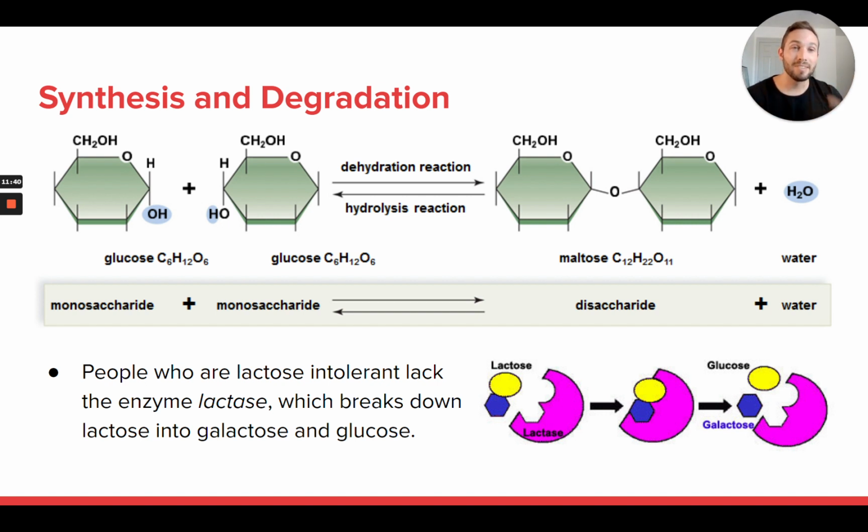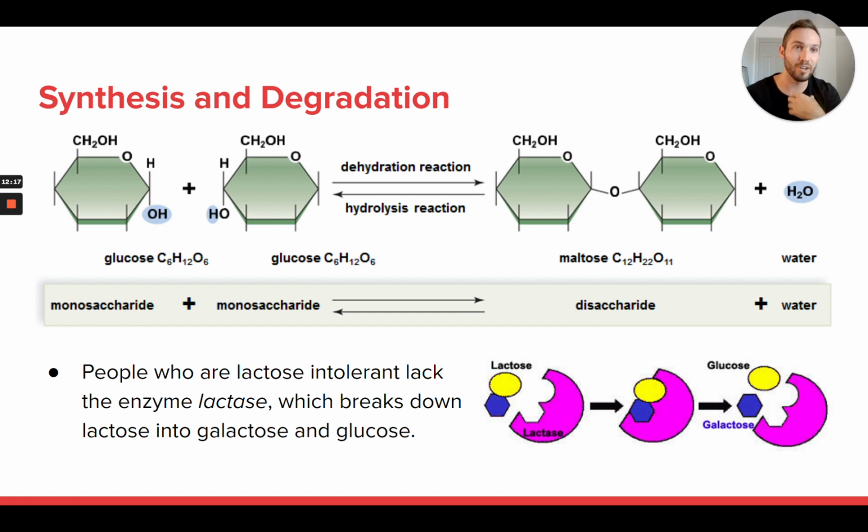But what happened thousands of years ago is there was a mutation that allowed people to continue making this enzyme into adulthood. And so now it's very common for adults to still be able to consume milk products and this lactose sugar and be able to digest it, because they've inherited a mutation from a long time ago in human populations who started becoming very agrarian and started farming and started having cattle that they would drink the milk of, and they relied on that for nutrients.